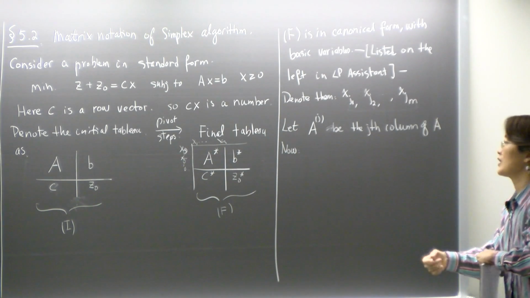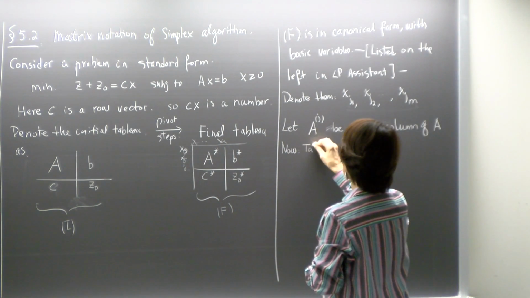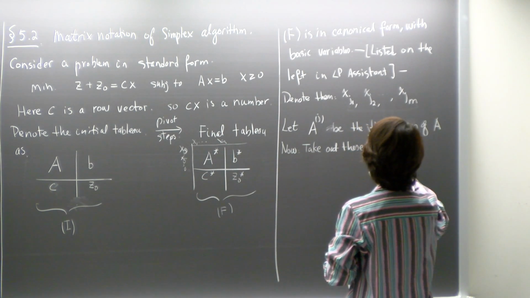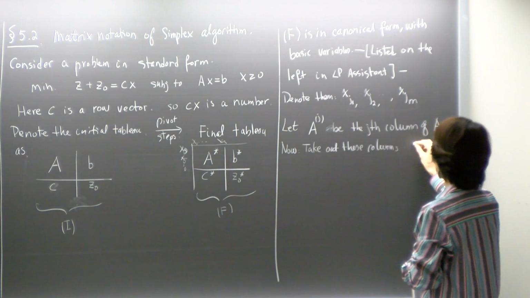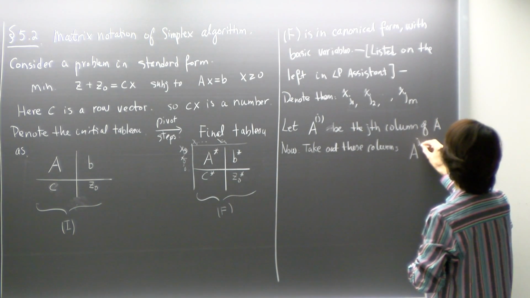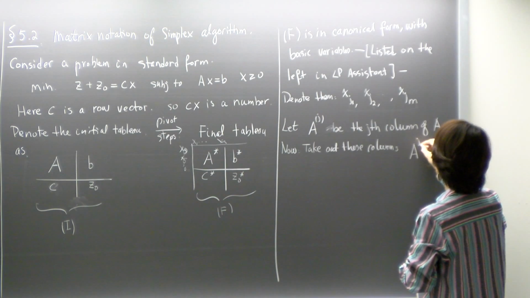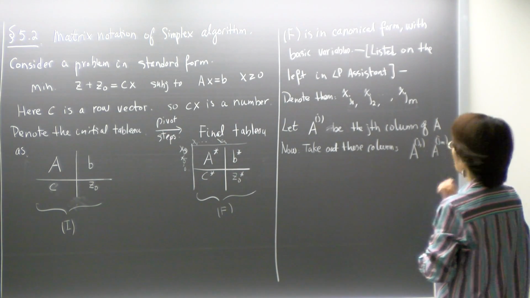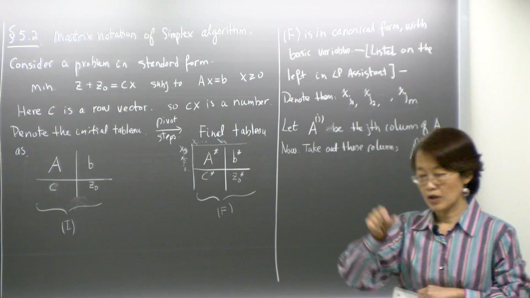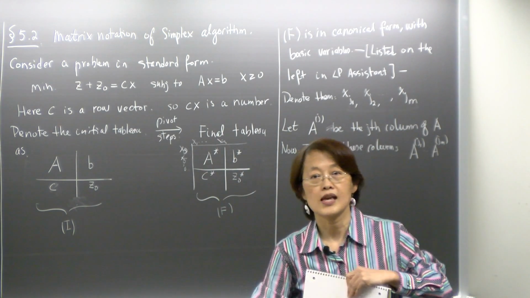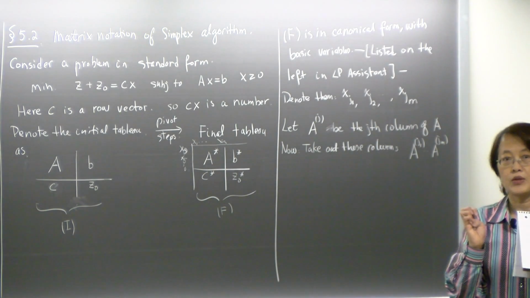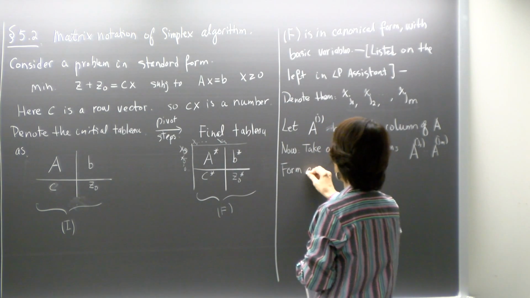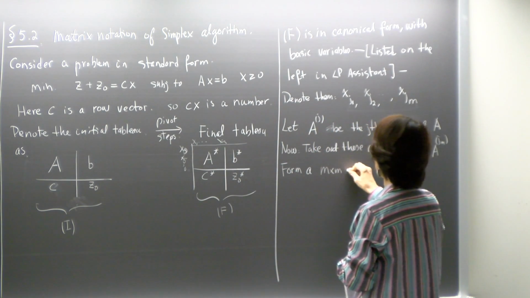Now I'm going to take out all these columns in A, A^(J1) to A^(Jm). So I will have m of these columns, and each one is of size m. And I just form a square matrix. So I form an m by m matrix.